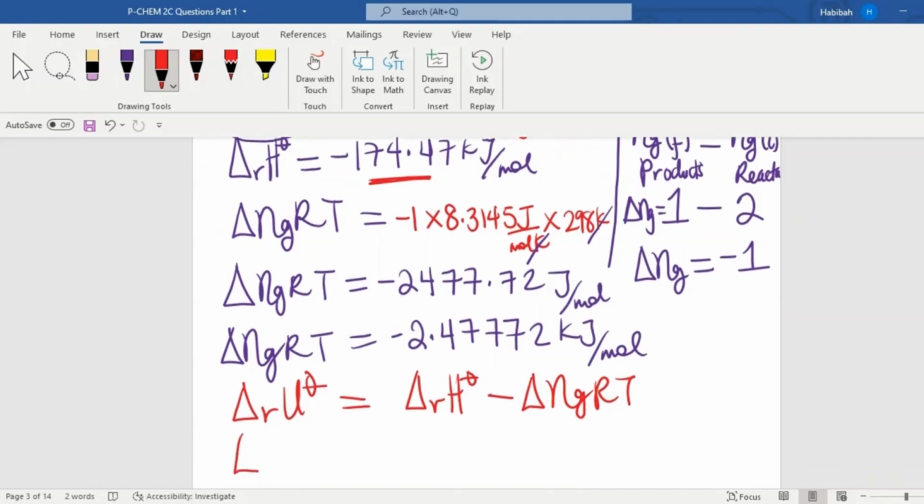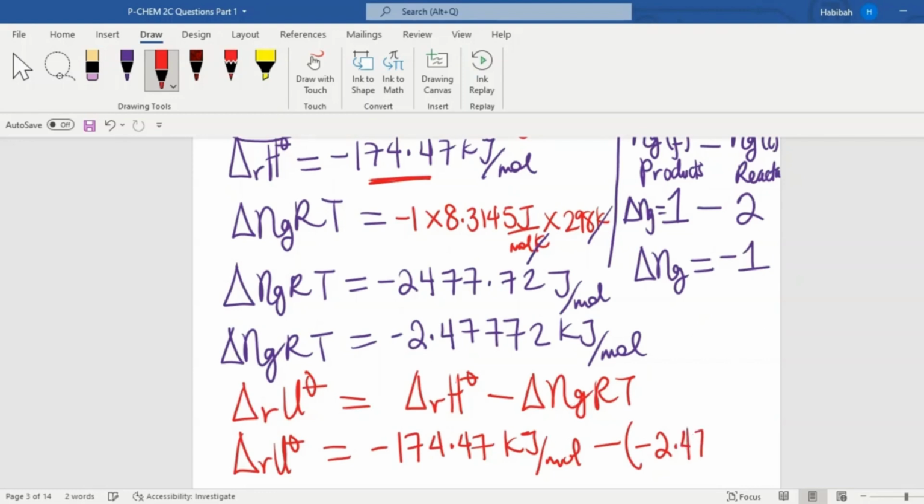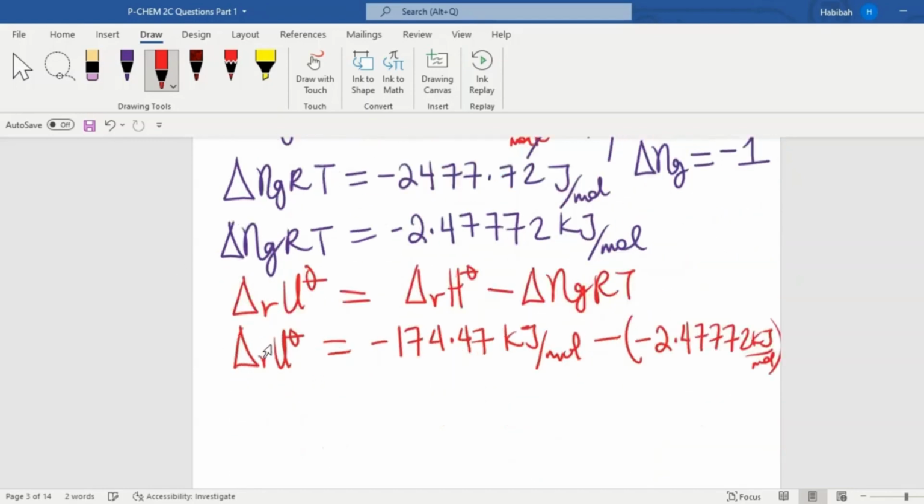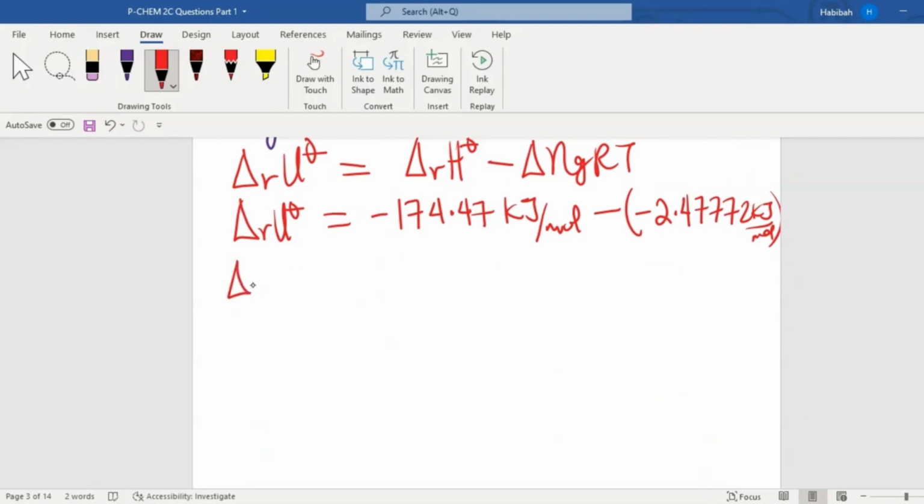So we can put the change in internal energy of reaction to be -174.47 kilojoules per mole, minus what we've gotten here, which is -2.4772. Don't forget the other negative. The information has a negative and the formula has a negative.